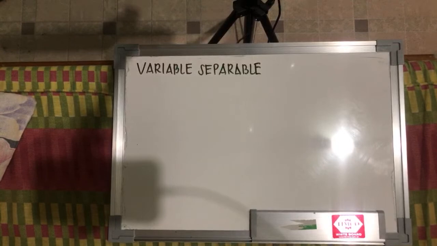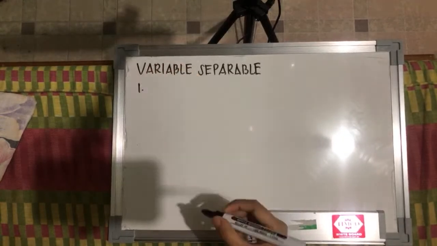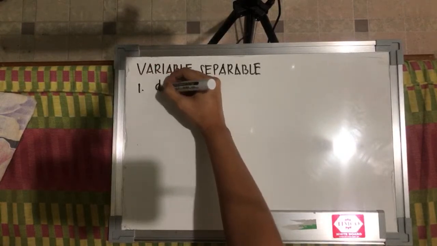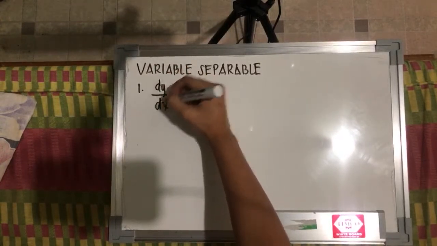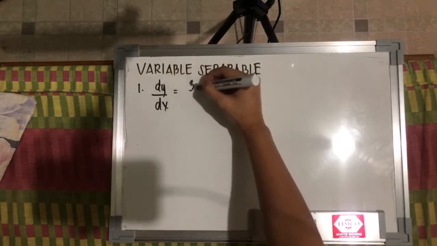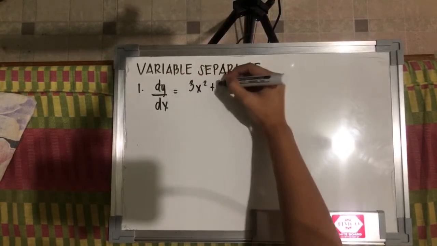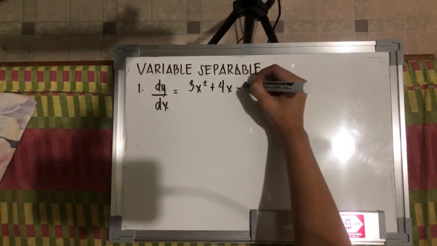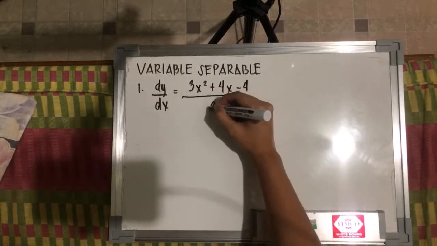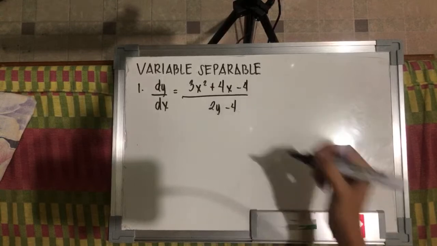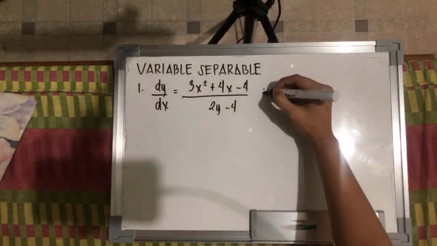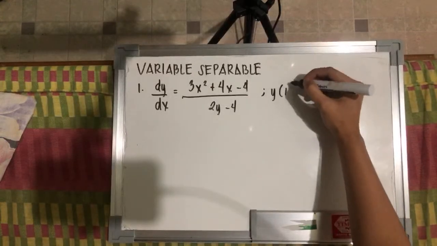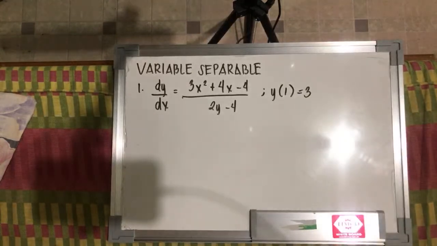Since variable separable yung isa sa pinakamadaling solutions, meron lang akong dalawang example for this solution. So, first example, we have... ayan.